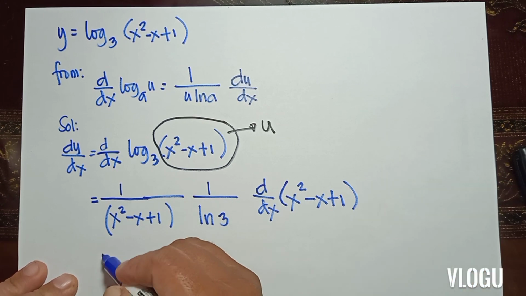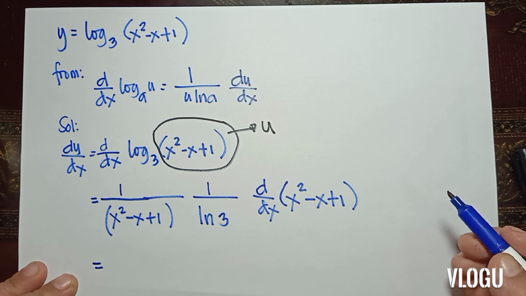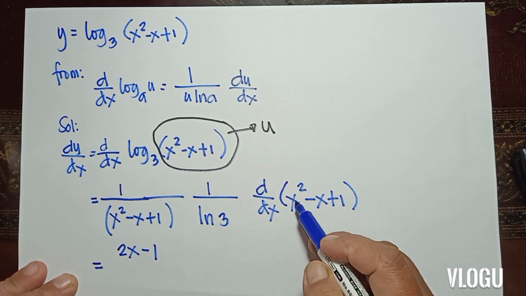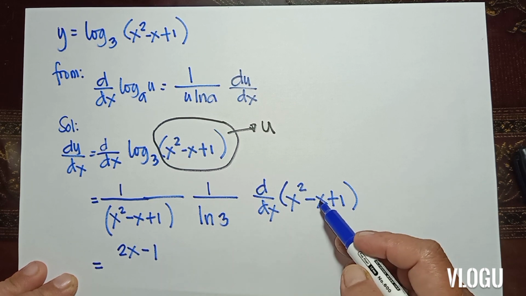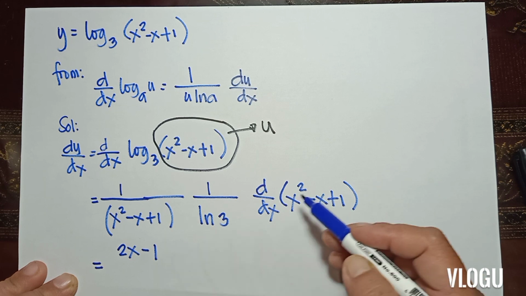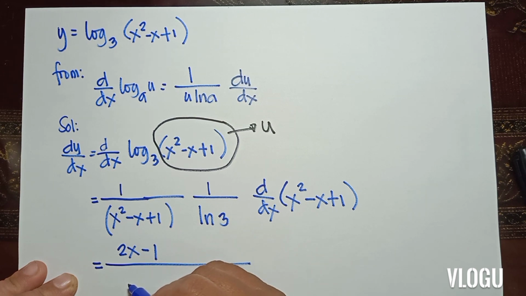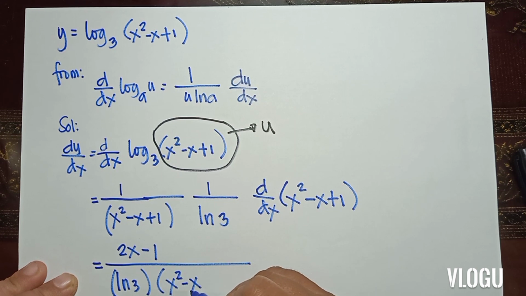So we will have 2x minus 1 over ln of 3 times x squared minus x plus 1.